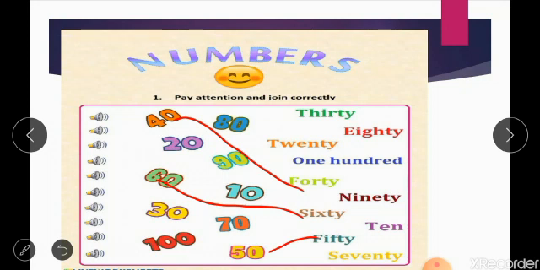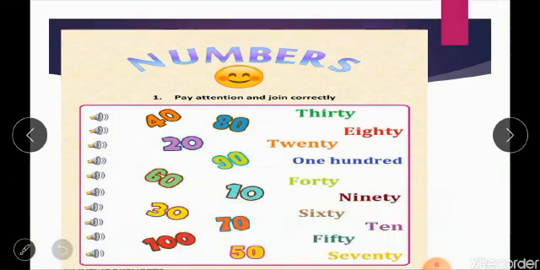Again 70. I'm going to do the 70 now. So many lines will be made, which will disturb you, so let me rub it out. Now we are going to join the 70. So you're going to write the 70, isn't it?